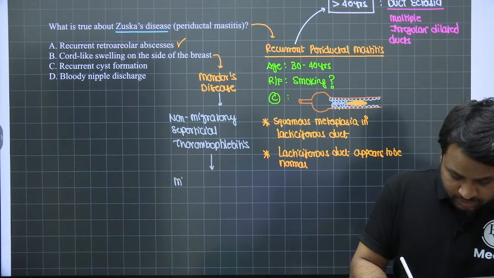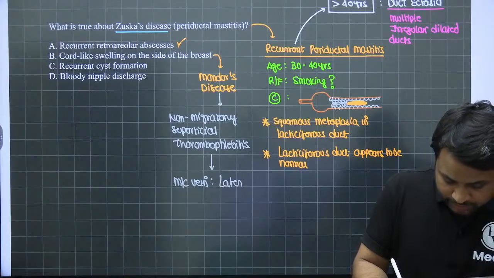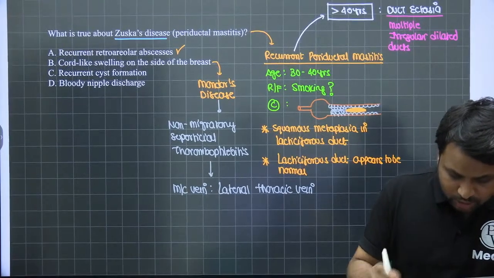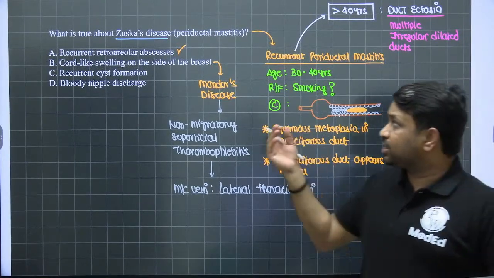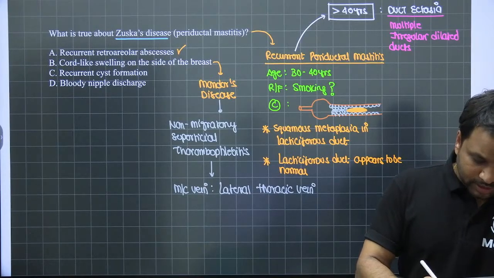The most common vein involved is the lateral thoracic vein. There will be no collection that you can see here. So it is Mondor's disease.